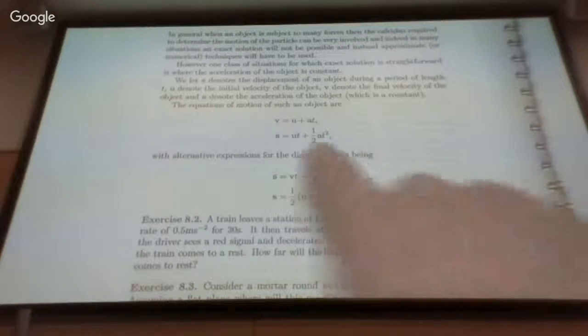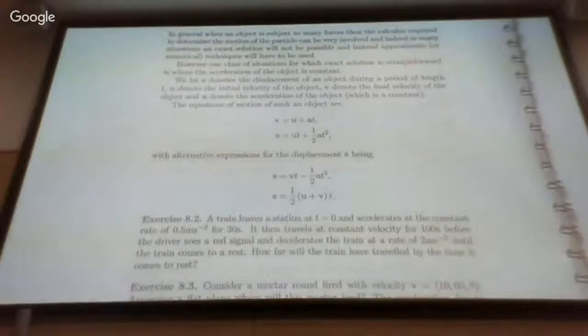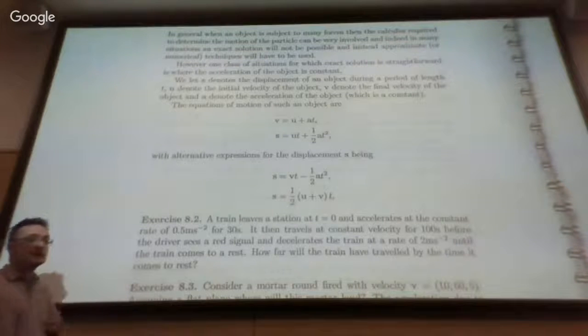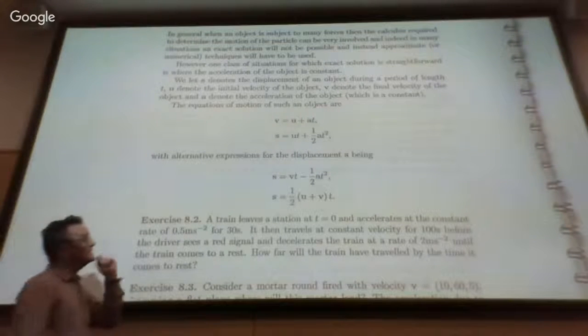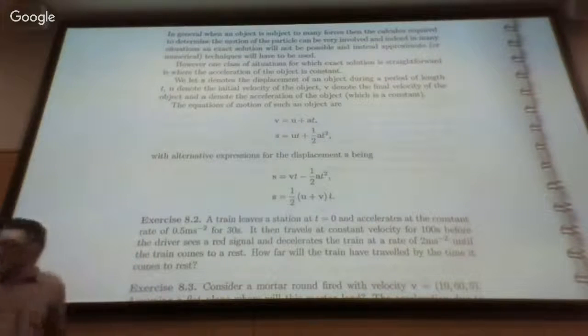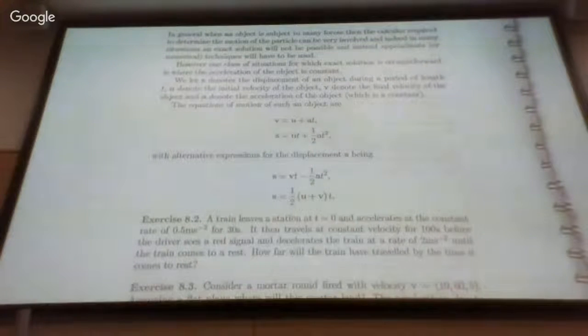The final velocity is going to be whatever the initial velocity was plus t times the acceleration. The acceleration is the rate of change of velocity, so how velocity is changing over time. So if it's constant acceleration, and you multiply that constant acceleration by the length of time t, that gives you the change in velocity. So the new velocity will be the old velocity plus acceleration times time.